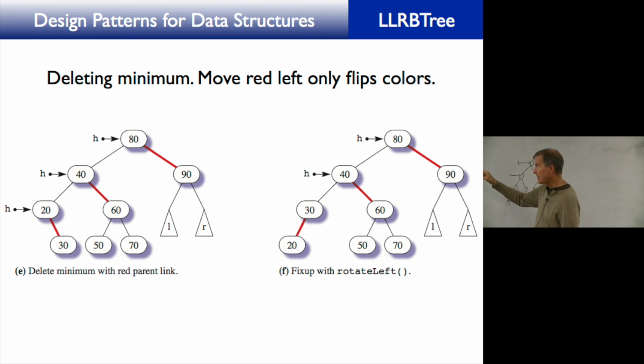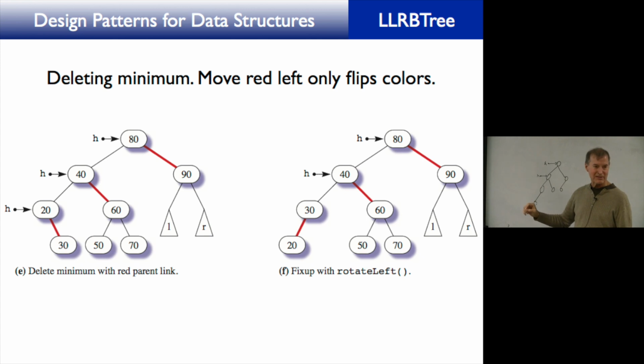And the left child of 60 is going to become the what? The right child of 40. Now you guys remember the rotate? The left child of 60 is going to become the right child of 40.